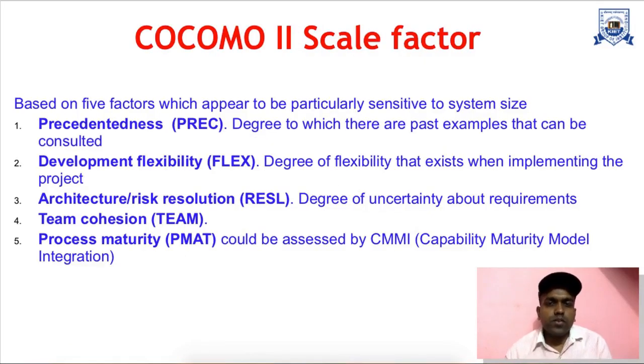Now coming to the COCOMO II scale factor, as I told you, it is basically based on five factors. So what are these five factors? First one is precedentedness. In short, it is denoted as PREC.